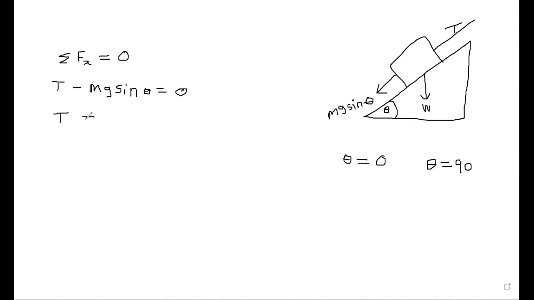So if we take negative mg sine theta to the other side, it will become positive mg sine theta. But now we said theta is 90 degrees, not 0. Let's put 90 degrees there.